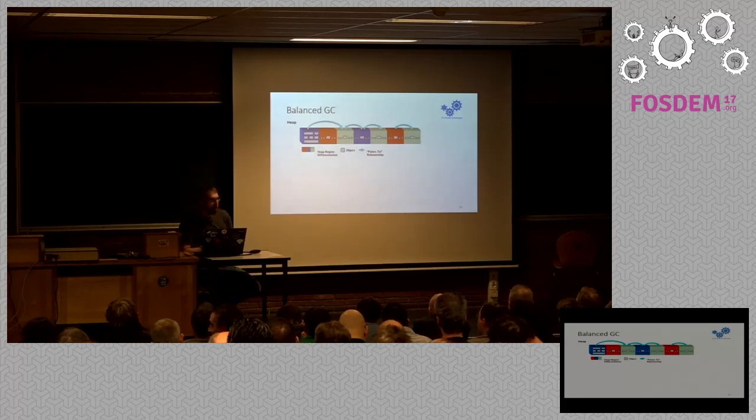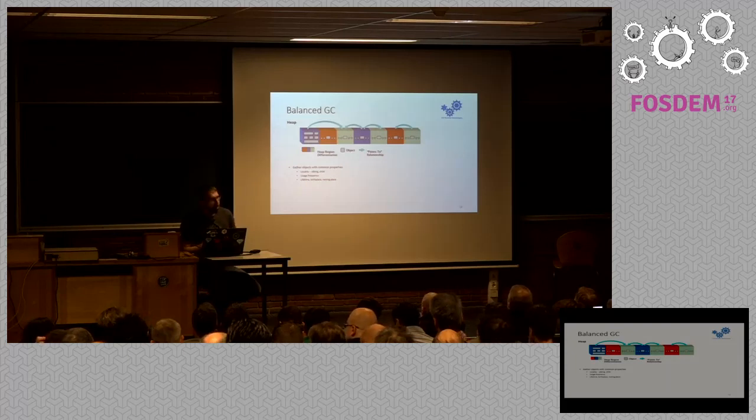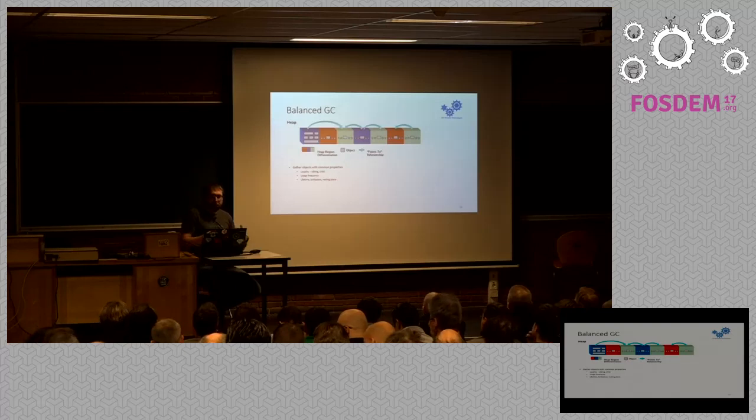Quickly, just a bit more detail about balanced. This will be useful to people too, because it's somewhat similar to G1. So the heap in balanced is divided into a bunch of regions. These regions allow you to do a bunch of different things. They can allow you to gather objects with common properties into particular regions.